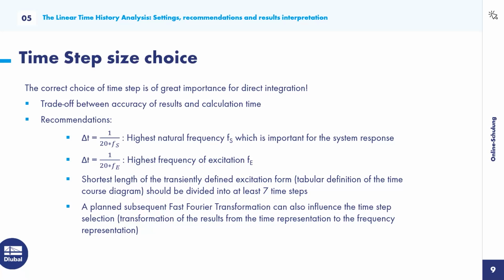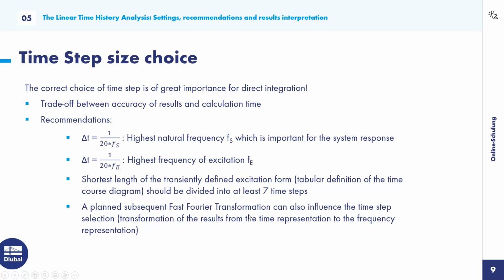For today, I will go into something that excited me for a bit, and that's the so-called fast Fourier transformation. What we want to do here is take the results out of RFEM in the end, and look at the results not in the time domain, but in the frequency domain.